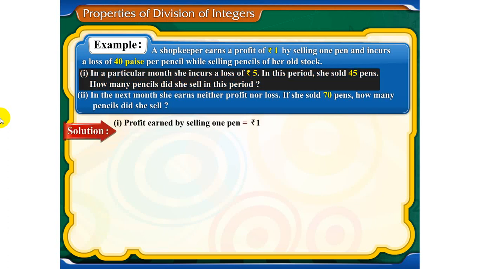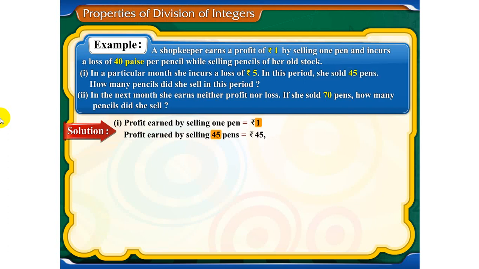Solution. 1. Profit earned by selling 1 pen equals 1 rupee. Profit earned by selling 45 pens equals 45 rupees, which we denote by plus 45 rupees. The total loss given equals 5 rupees, which we denote by minus 5 rupees.